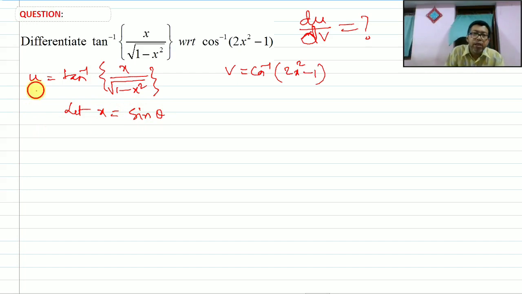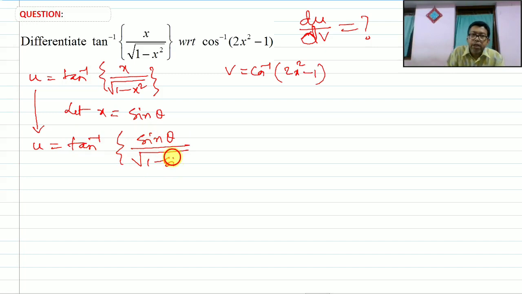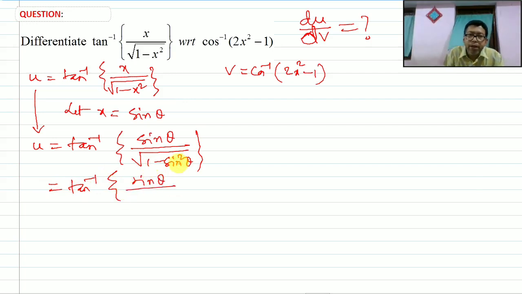Okay, x is equal to sine theta, so that your u will be tan inverse of sine theta whole divided by root over of 1 minus sine square theta. 1 minus sine square theta is equal to cos square theta, so it will be only cos theta. Sine theta by cos theta is equal to tan theta, so tan inverse of tan theta is nothing but theta. So u is equal to theta.